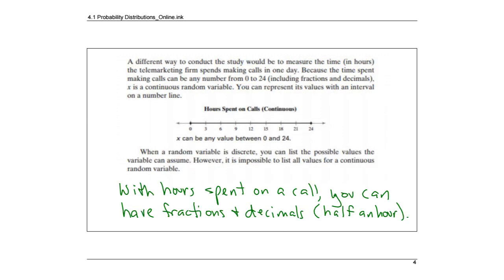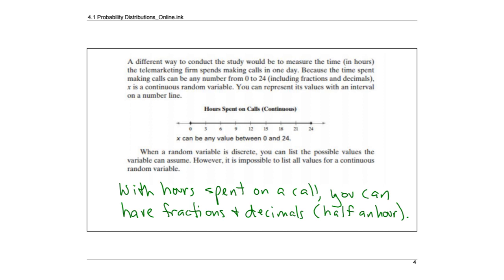Now, if we were looking at the time spent making calls between 0 and 24 hours, I get it that the 24 hours would be over. However, we could have a call that took 1 hour and 2 minutes, 1 hour and 5 minutes, 1 hour and 50 minutes, 12 hours and 1 minute.